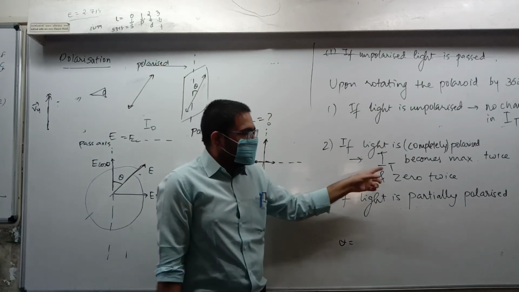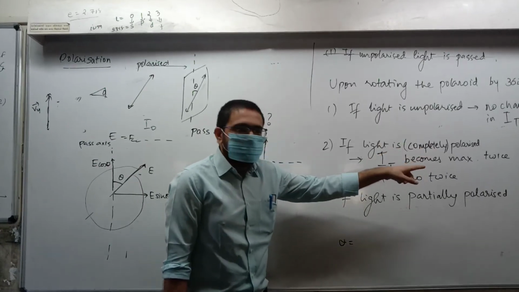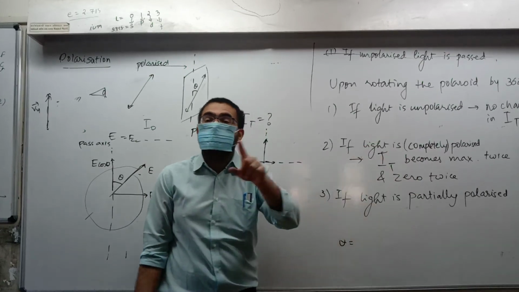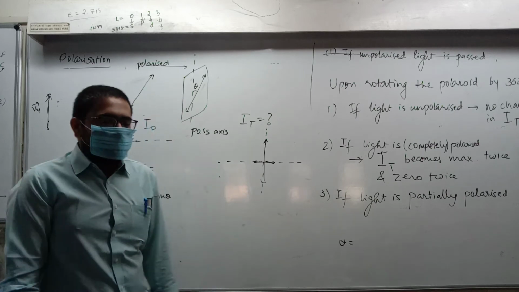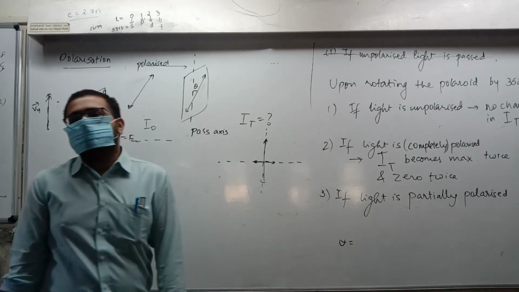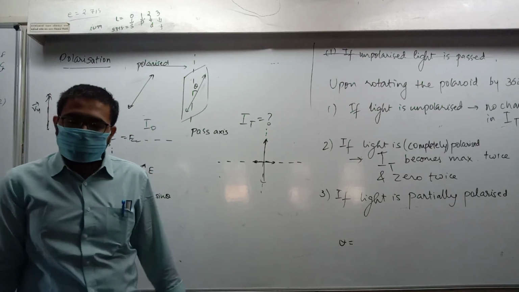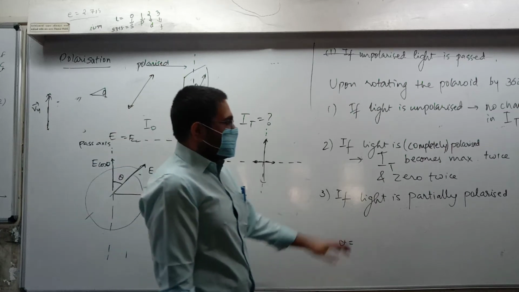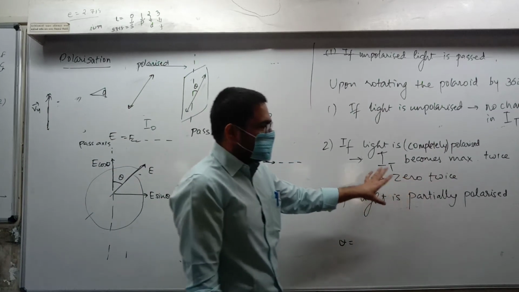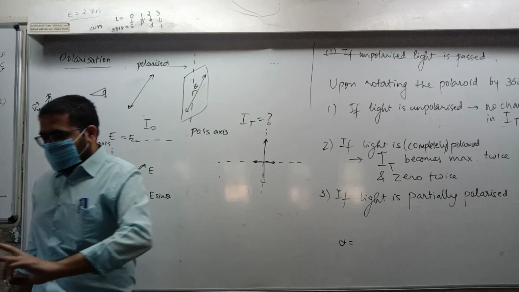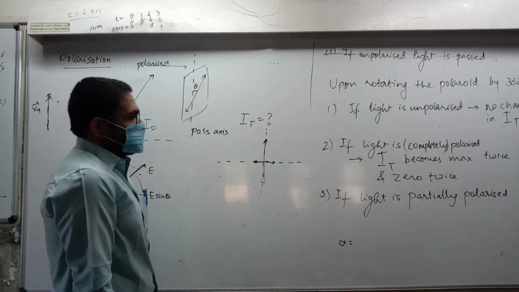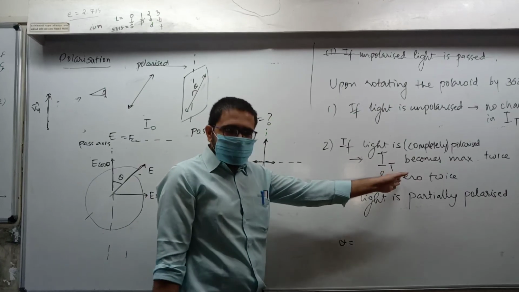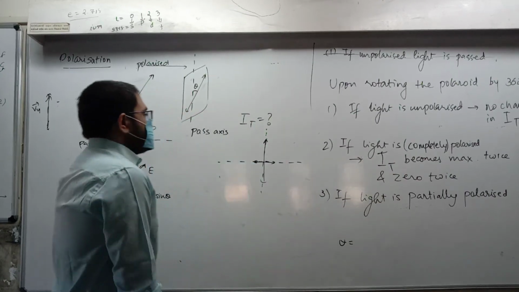So our sentence: I_T becomes maximum twice and minimum twice, but not 0. Right? Maximum twice, minimum twice, but not 0.